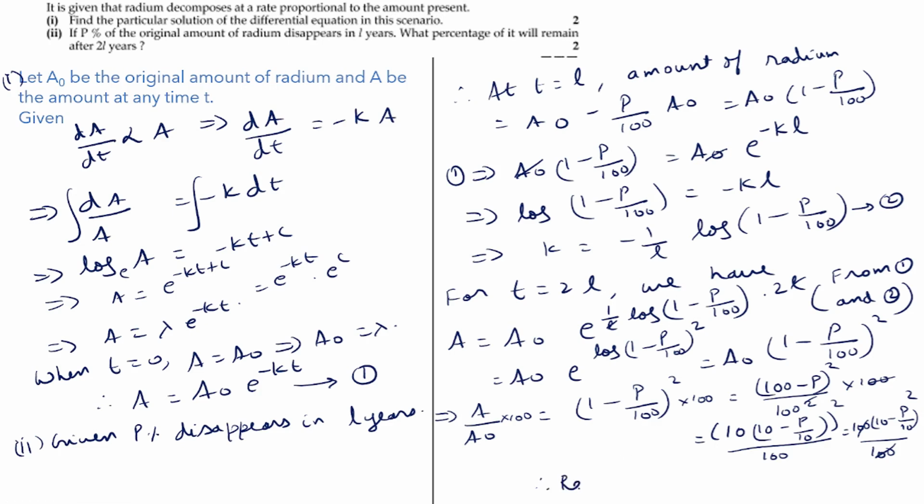Therefore, required percentage equal to 10 minus P by 10 the whole square percent. So this much percentage will remain after 2L years.